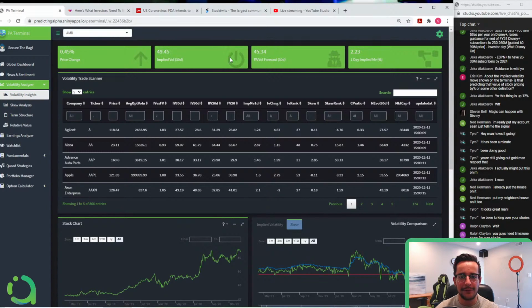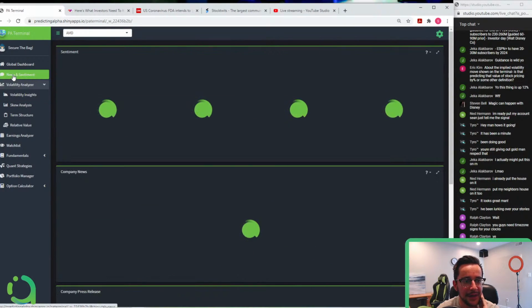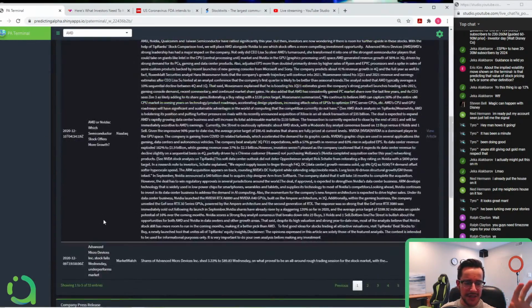Implied volatility at 49%. Given our ensemble of models, we're forecasting volatility to be at 45%. Can you give me a little information about what you're seeing happening around AMD right now? A couple things that I'm noticing in terms of sentiment, we'll start there, is that media coverage is a little bit lower than what we usually see.